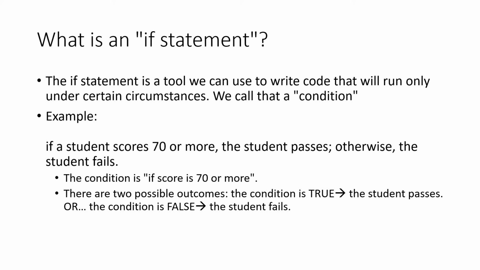So the condition here is if the score is 70 or more. And there are two possible outcomes. When the condition is true, the student passes because the score is 70 or more. The alternative condition is going to be false, so the student will fail in that case.